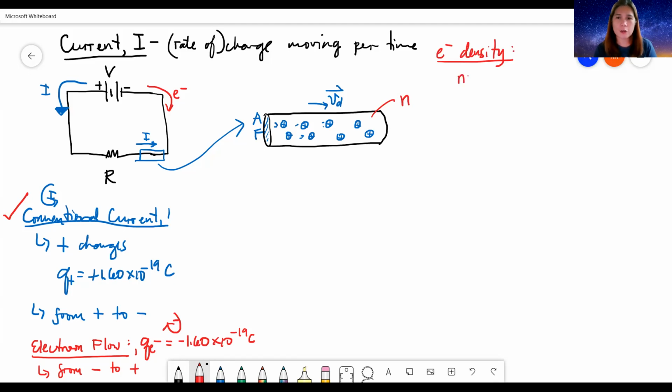So, N therefore is number of electrons per volume. Yan. So, let's stop for a while and let's show the electron density of some common metals. Where is that? I think it's somewhere here. Okay, wait. There.